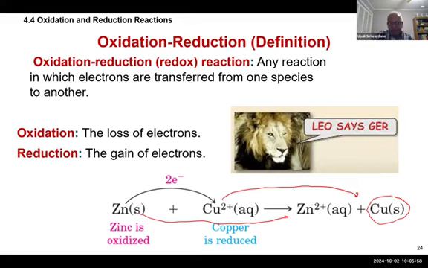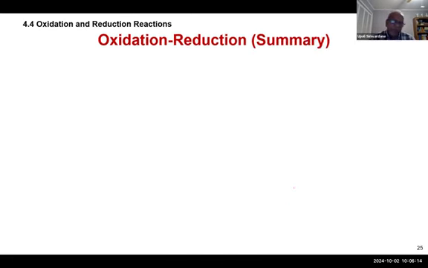There's a species, zinc metal, that is oxidized. Copper ions in the copper sulfate solution are reduced. So we can describe this in a little more detail.